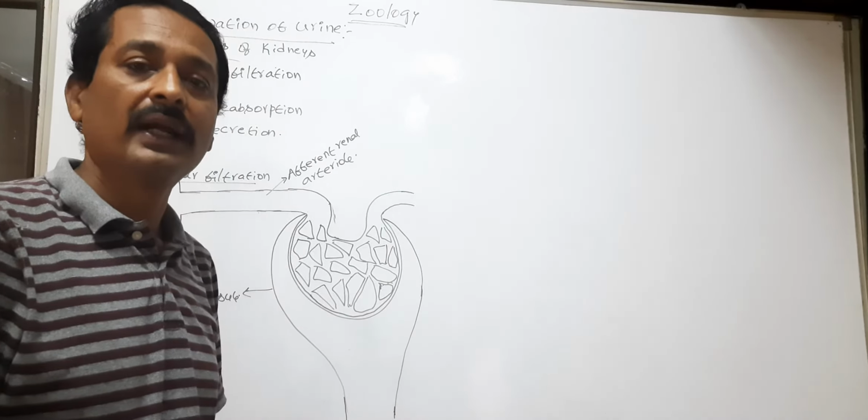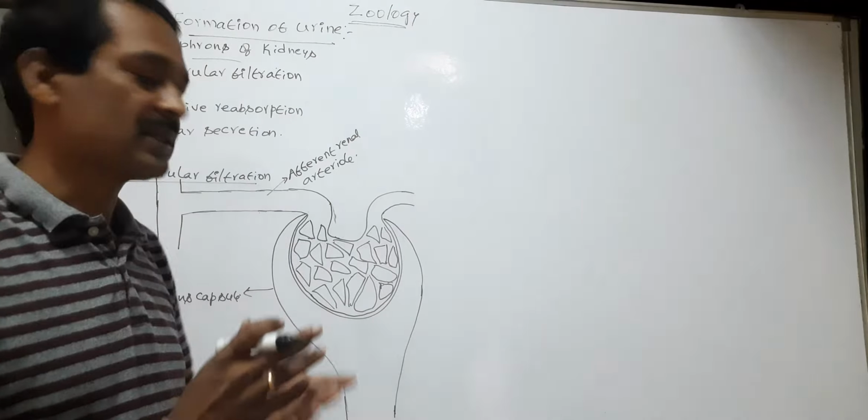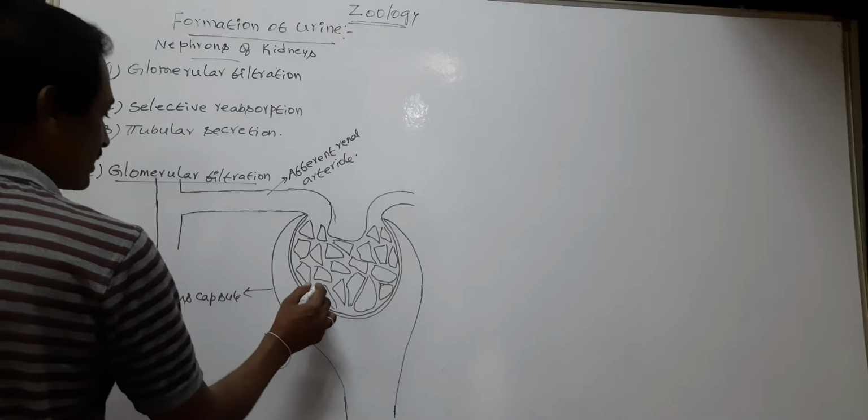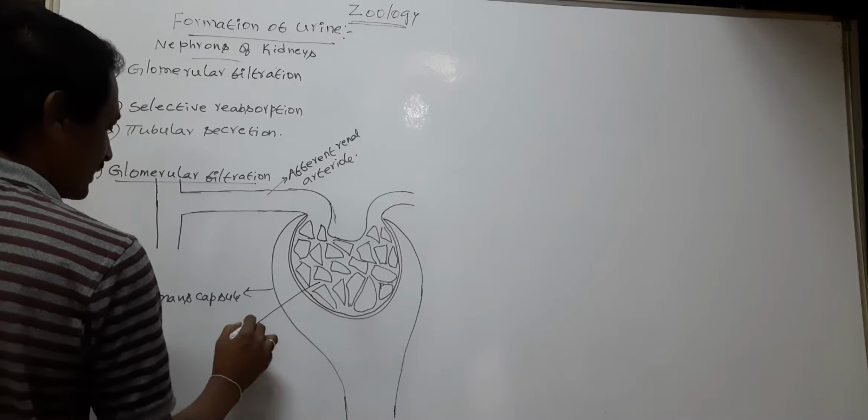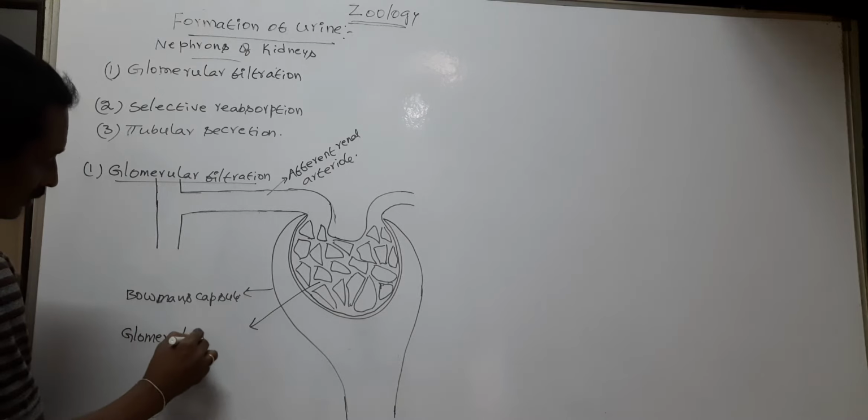The afferent renal arteriole enters into Bowman's capsule and divides into blood capillaries, which form a net-like structure in the Bowman's capsule. The net-like structure of blood capillaries in the Bowman's capsule is called the glomerulus.